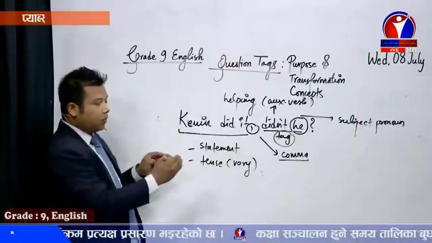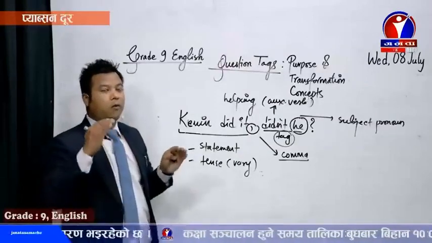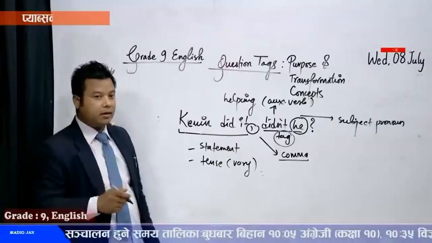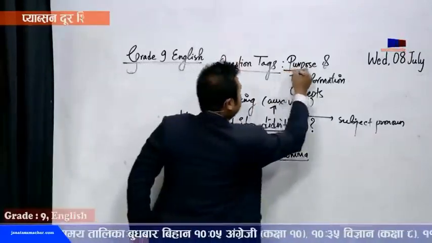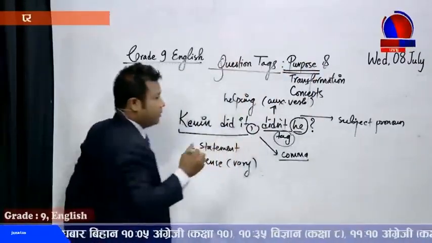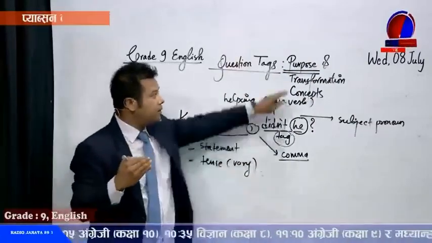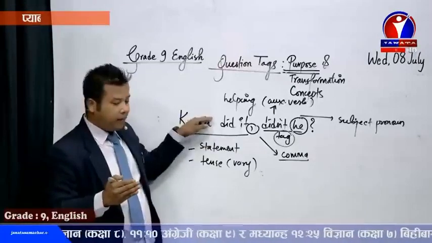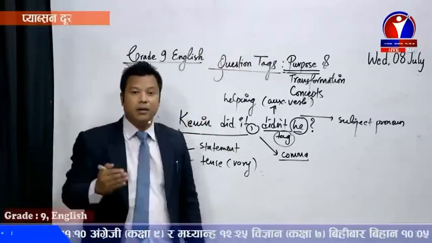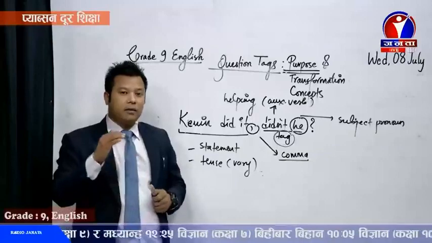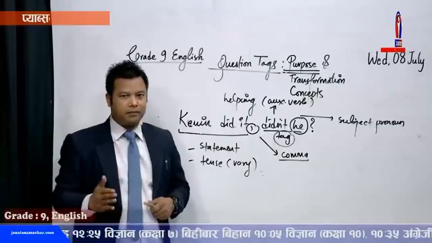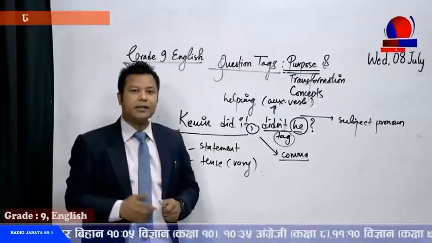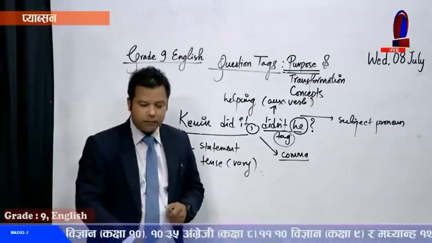But is this all? No, there are a lot of other things that we need to focus on in today's class. So do not forget the main idea of today's class is to get the purpose of using the tags. Now, with this, I would like to move on in explaining you the 6 easy steps in making a tag. What are these steps? Let's take a look at them.